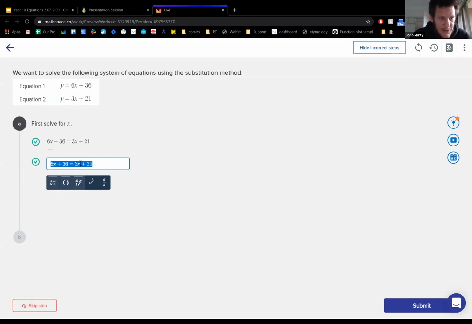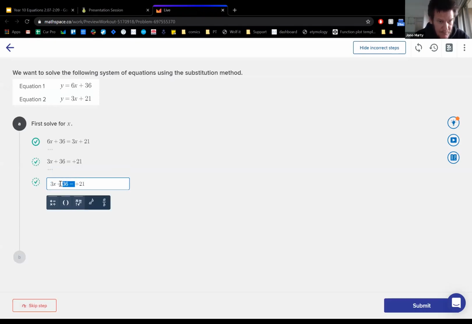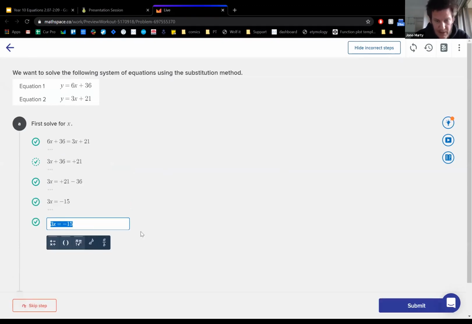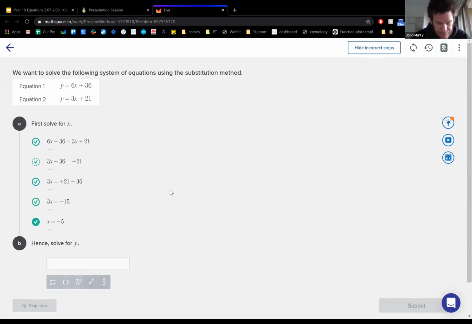So if we equate the two equations, we can now collect like terms, take away 3x from both sides. Subtract 36 from both sides. That gives us minus 15. And we can clearly see dividing by 3 will give us x equals minus 5.